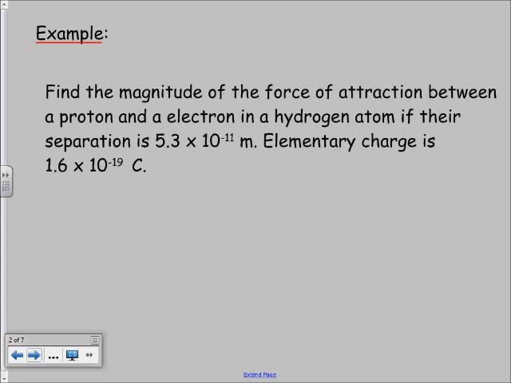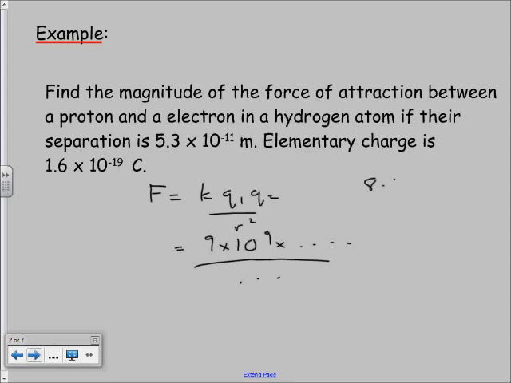So F equals K Q1 Q2 over R squared, with 9 by 10 to the 9. You can continue the working, and what you should end up with is a force of 8.20 by 10 to the negative 8 newtons.